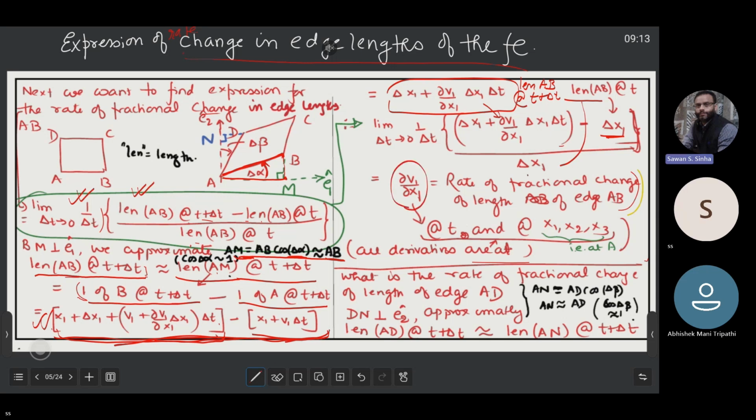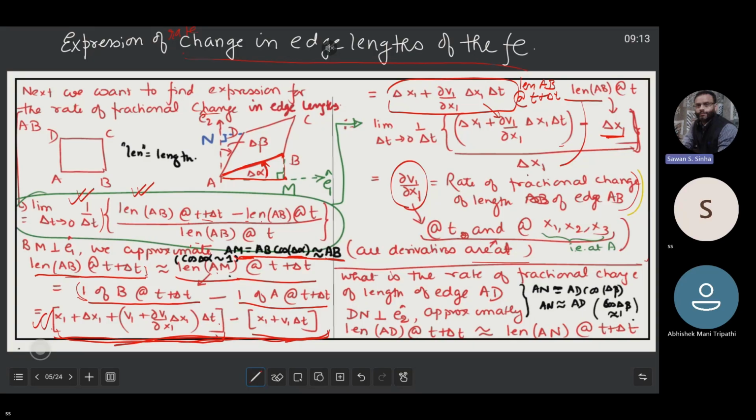The rate of fractional change of length of edge AB is del v1 del x1, where all derivatives are at time t and at the location where vertex A was at time t, that is x1, x2, and x3.